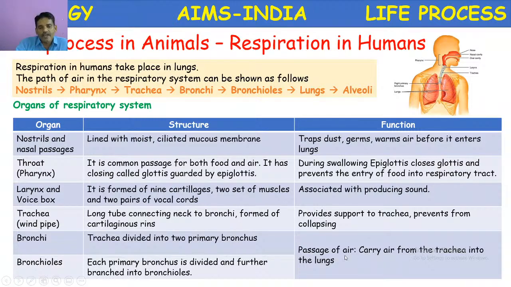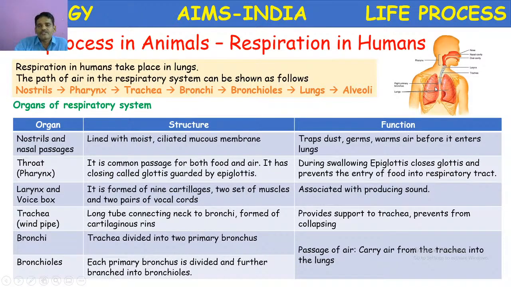The passages carry air from the trachea into the lungs. So from the nose and nasal cavity, it opens into the pharynx. From the pharynx, the trachea. From the trachea, the bronchi. From the bronchi, the bronchioles.